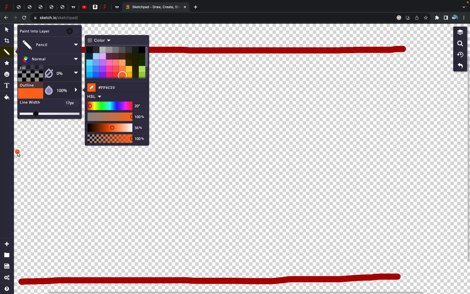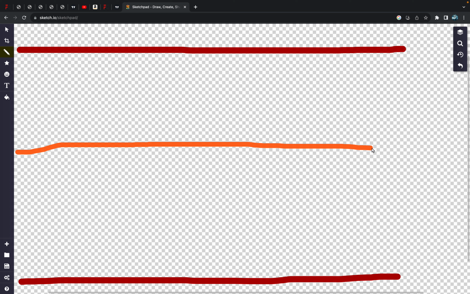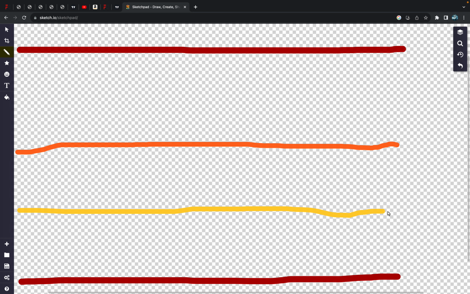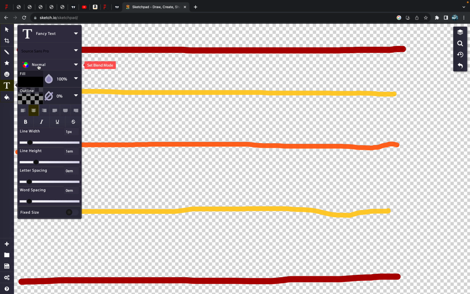You have like an orange. It's probably a better way to do this, but right now, quick and dirty. So here's like your kind of what you can.